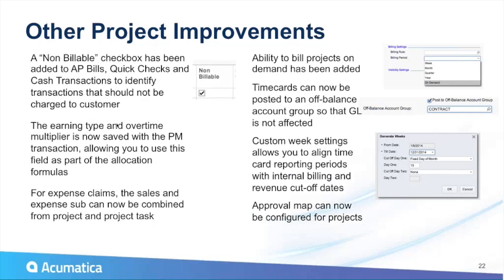Last improvement is with approval. So we've added the ability to create approval maps and link that to your project. So it is the same approval system that we have in the product, but it is now possible to do this configuration for projects as well. So I will give you an example of this approval map.